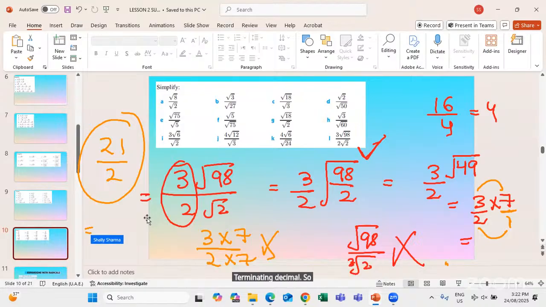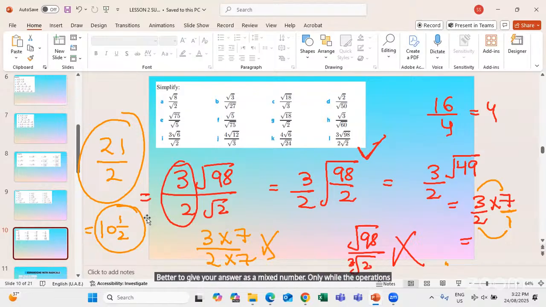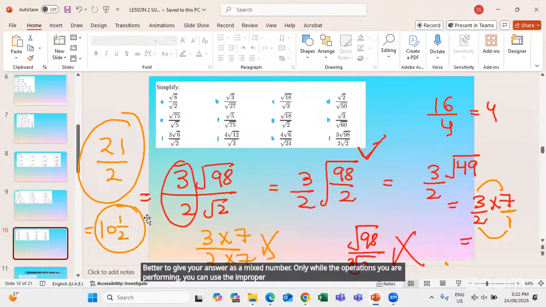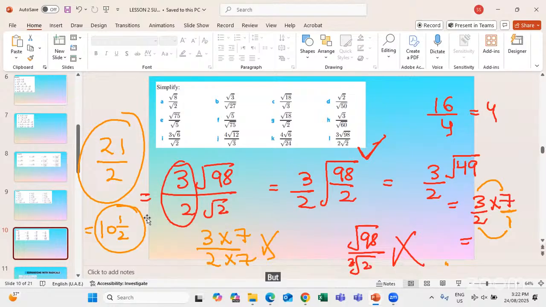So I can write it as 10 and a half. Do not leave it as 21 over 2, even if it is not mentioned. Only while performing operations can you use the improper form. But the final answer you have to give as a mixed number.